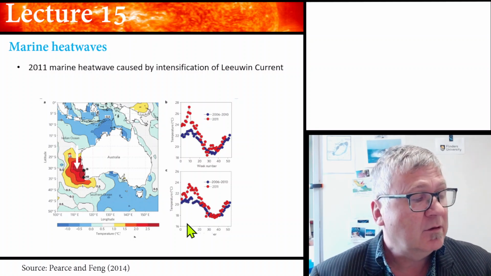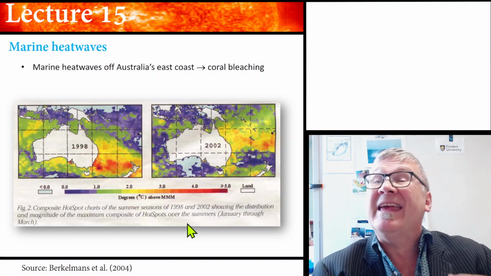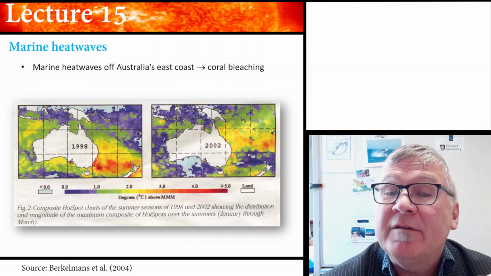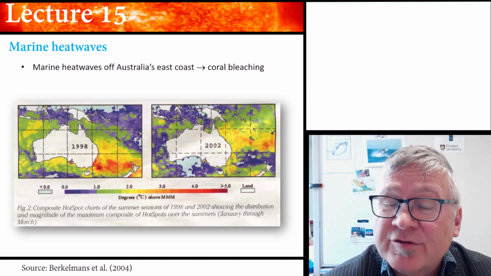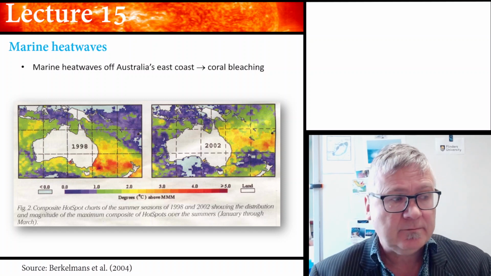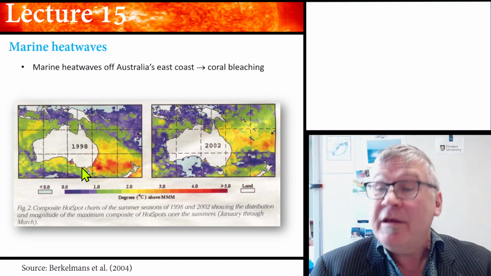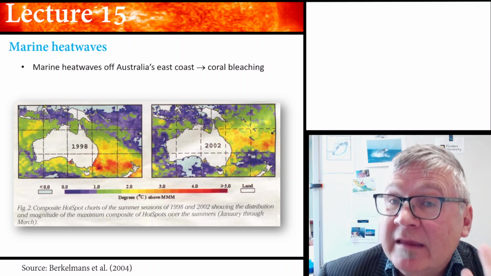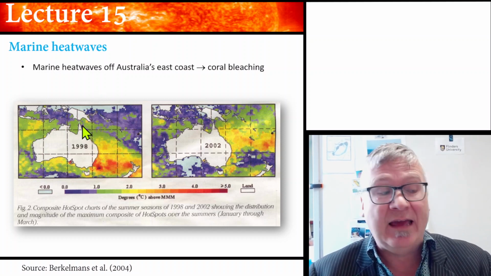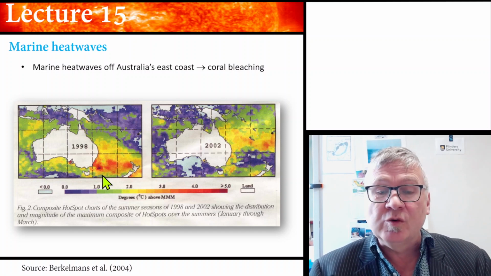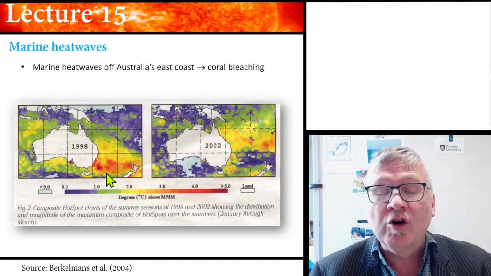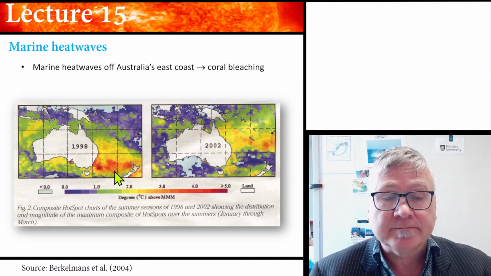I'll show you another example, which is on the east coast of Australia. Marine heat waves along Australia's east coast are linked to coral bleaching if the heat wave occurs in the area of the Great Barrier Reef. Here's one example, 1998, again showing temperature anomalies above the long-term climatological mean.